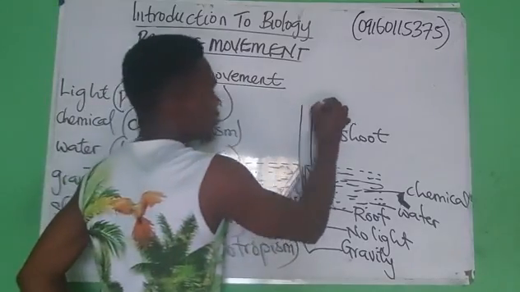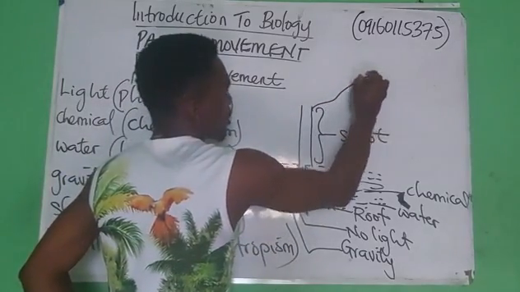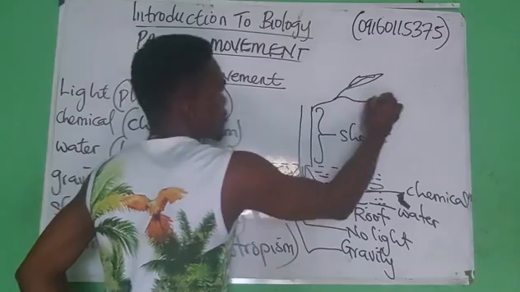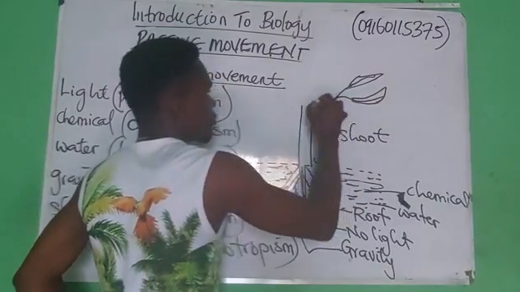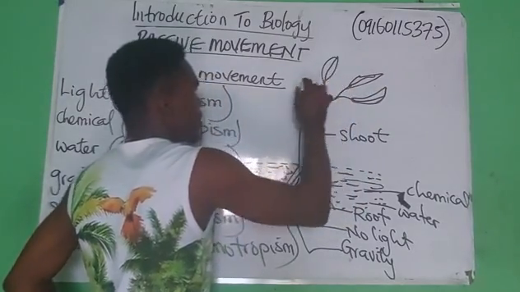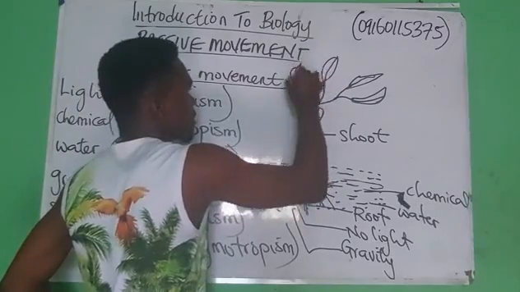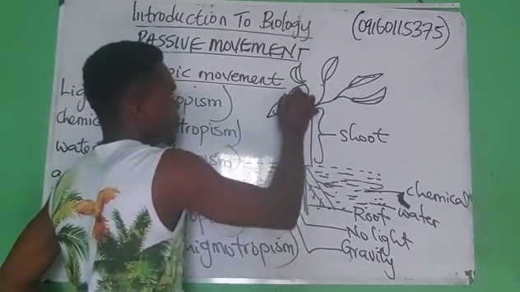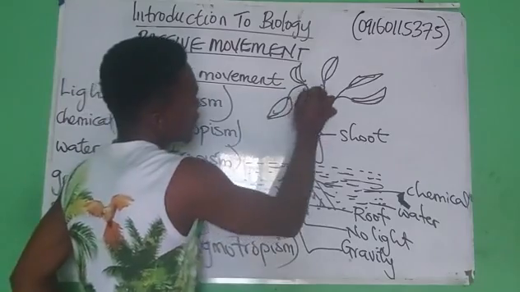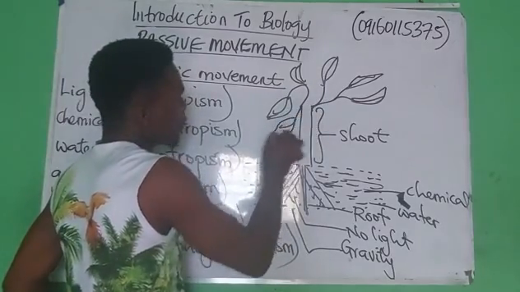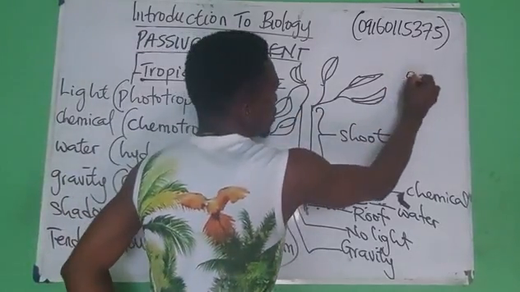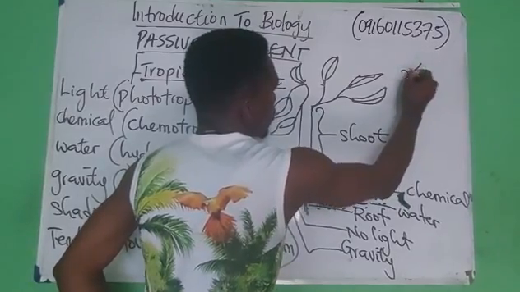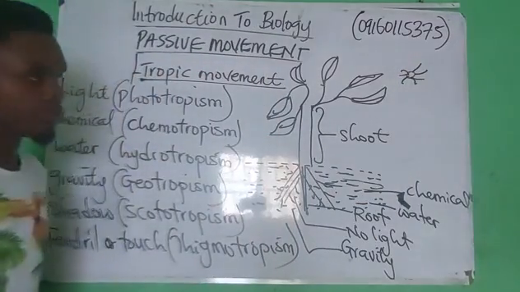Now, here let me assume I have the leaves. It's good we use diagrams to explain certain things for a better understanding. This is just a sketch, you understand? So, let me assume here to be the light source.